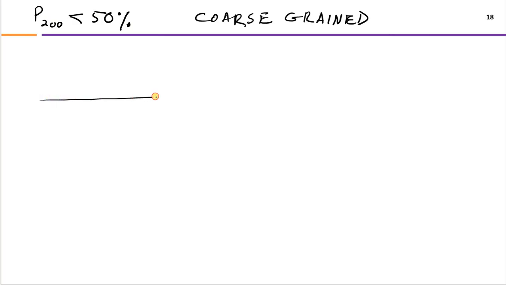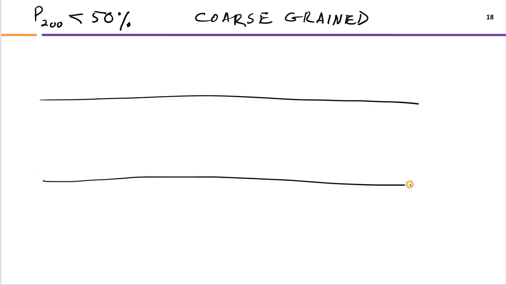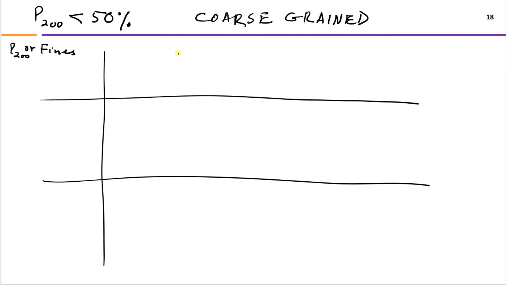Let me draw 3 scenarios here. Number 1, P200 or fines are less than 5%. That is one possibility. The second case is when it is from 5 to 12%.